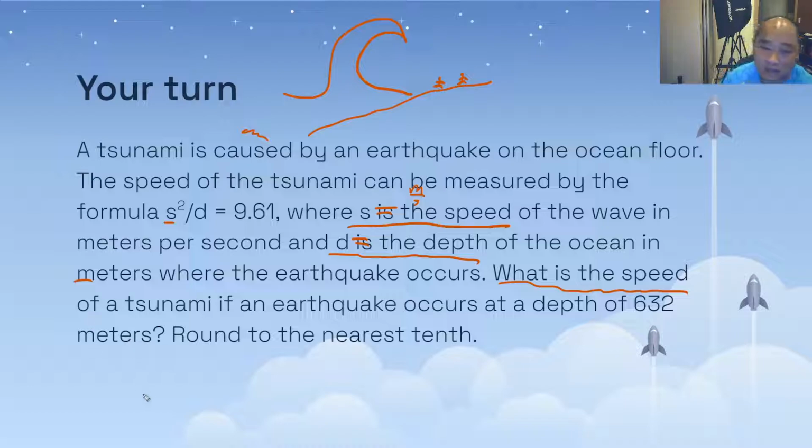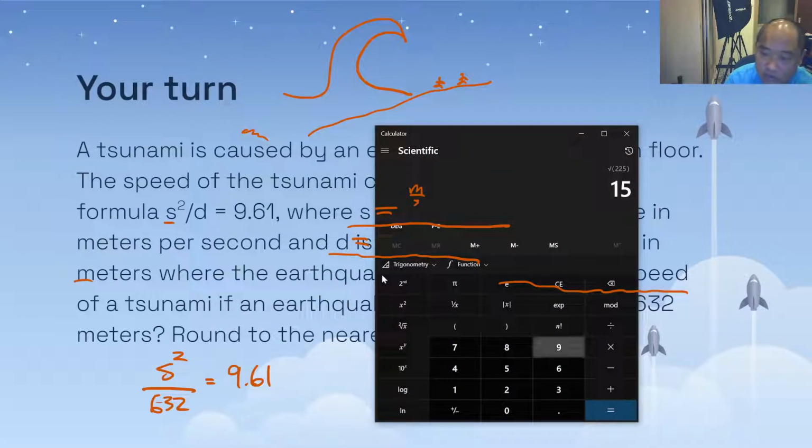Welcome back. All right, so s squared divided by d, and d is 632, equals 9.61. Multiply both sides by 632. What is that? 9.61 times 632 is 6,073.52.